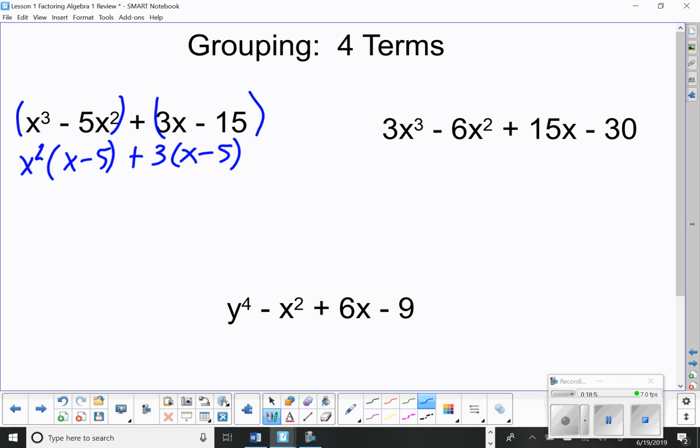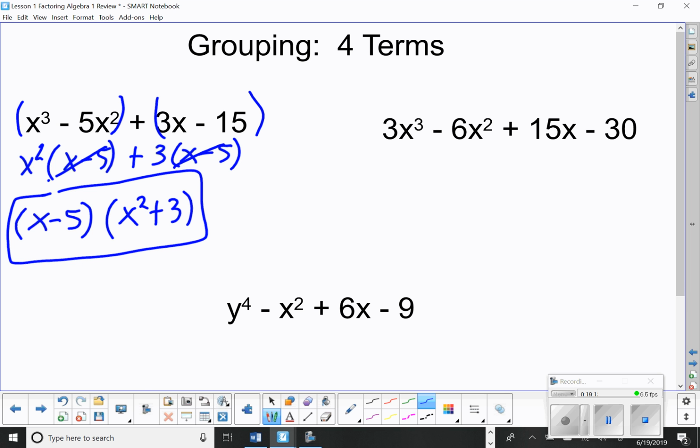Notice that I have the binomial term x minus 5 common to both of these. So if I factor it out of this and of this, I'm left with x squared plus 3. I've factored by grouping.